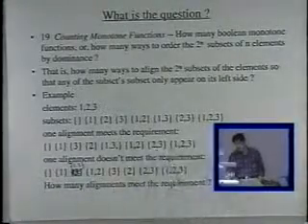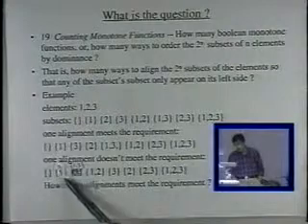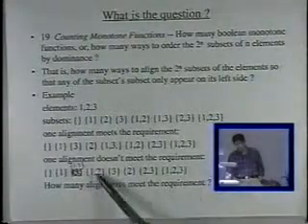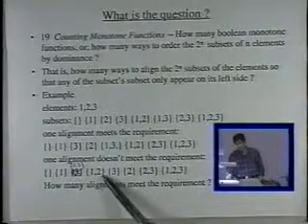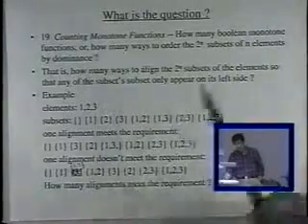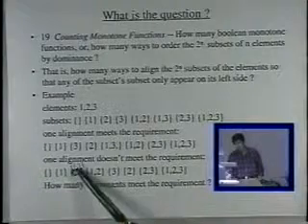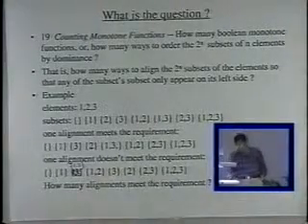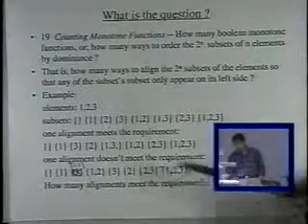And also for all the other cases. For this one, this alignment doesn't meet the requirement because you see the subset 1, 2 is on the right side, and also the subset 1, 3 is also on the right side. So this one is not good.